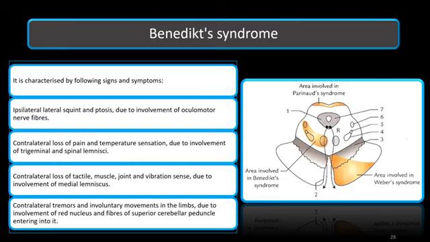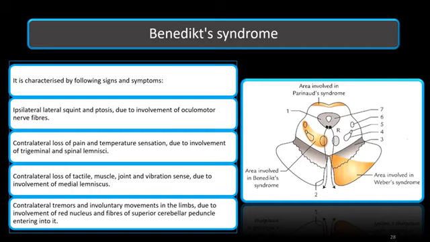We also have contralateral loss of pain and temperature sensation due to involvement of trigeminal and spinal lemnisci, contralateral loss of tactile, muscle, joint and vibration sense, and this will be due to involvement of medial lemniscus, and there will be contralateral tremor and involuntary movement in the limbs due to involvement of the red nucleus and fibers of superior cerebellar peduncle entering into it.